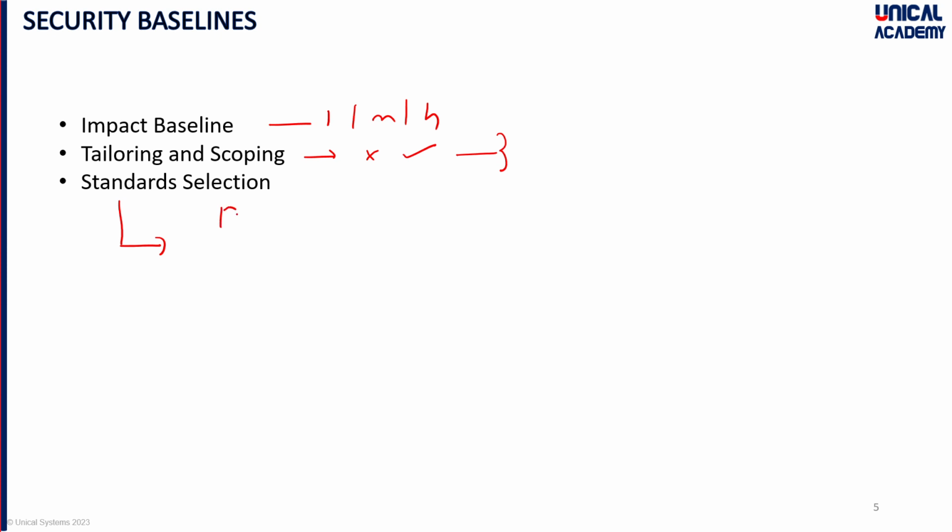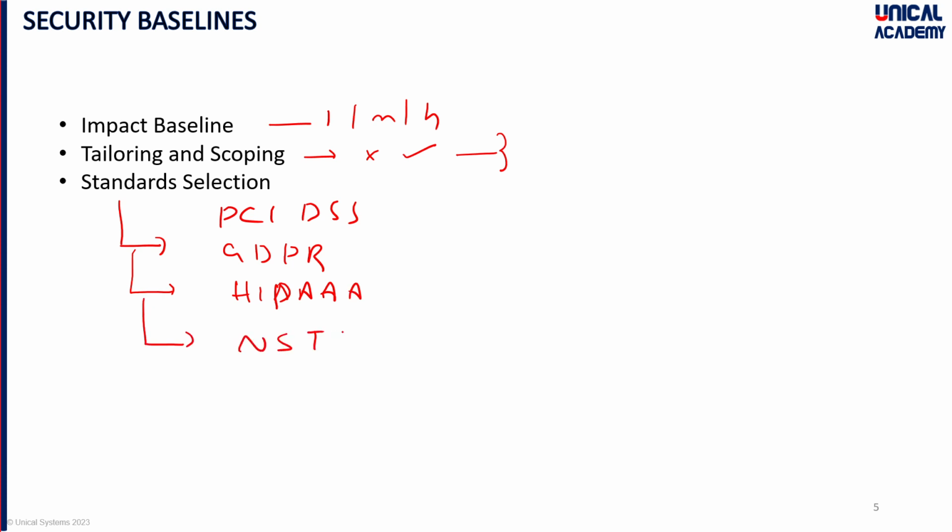For example, payment card industry, PCI DSS. If your organization is dealing with the European Union, GDPR guidelines, or for anything healthcare specific, it is HIPAA. Similarly, if dealing with government agencies or federal government projects, NIST SP 800 guidelines. So based on these, the standards need to be followed.